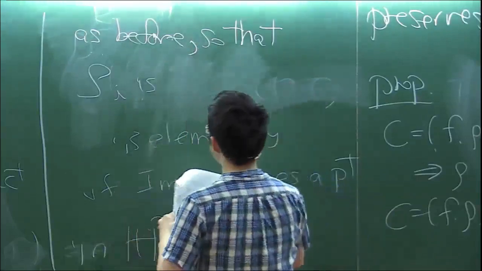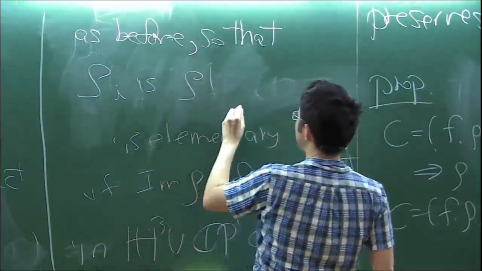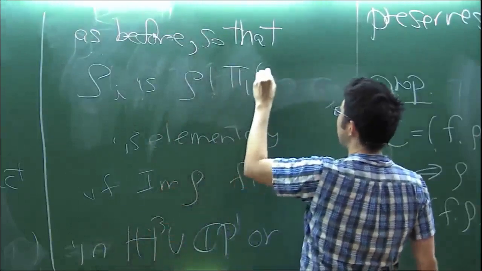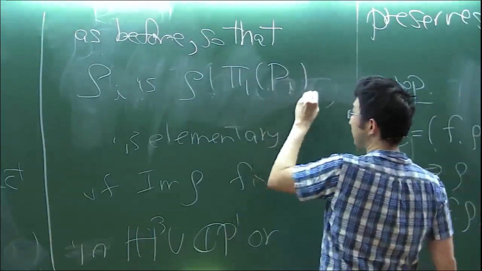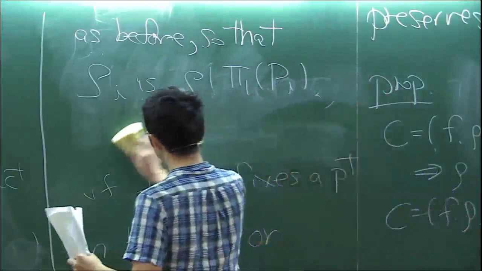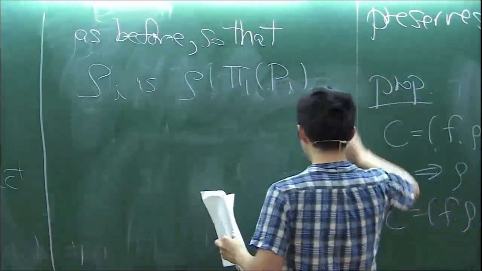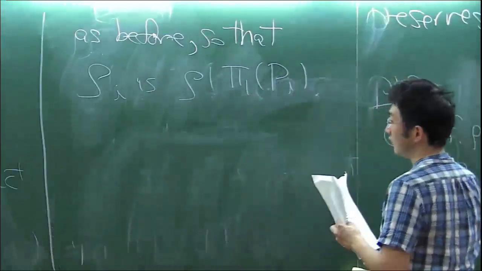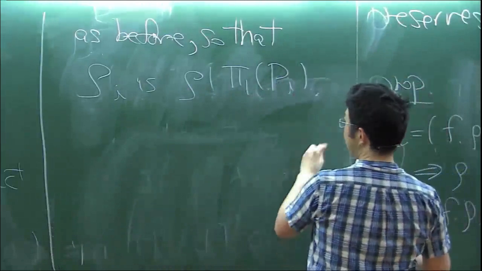Rho i is the restriction of rho to the fundamental group of the pair of pants, which is Schottky. Okay, so this is the second step.